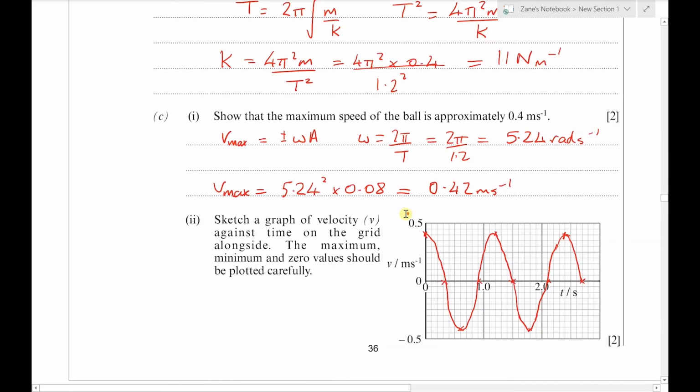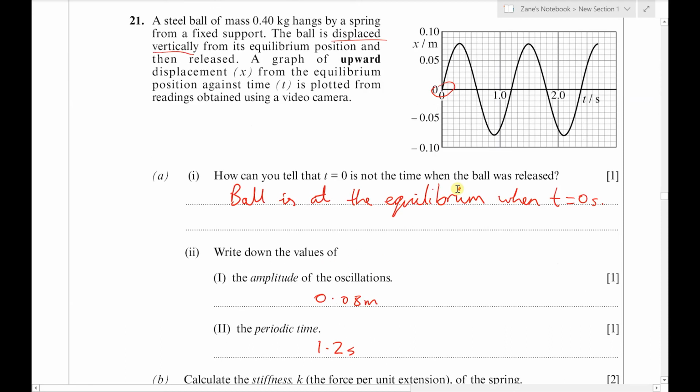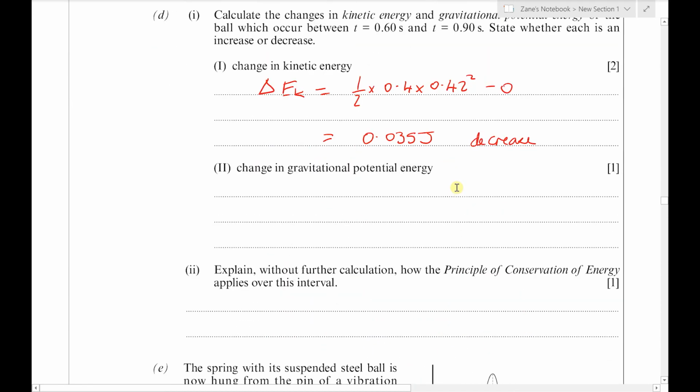In terms of the gravitational potential energy, if we go back to the original graph, at 0.6 seconds the object was at its equilibrium position. At 0.9 seconds the object is 0.08 meters below that equilibrium position. So we can find the change of potential energy from mg delta h.